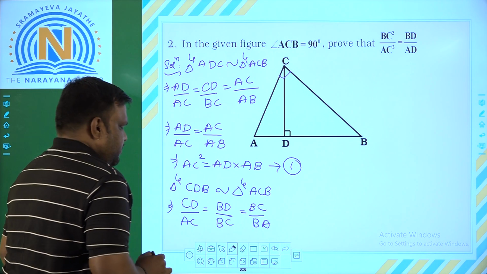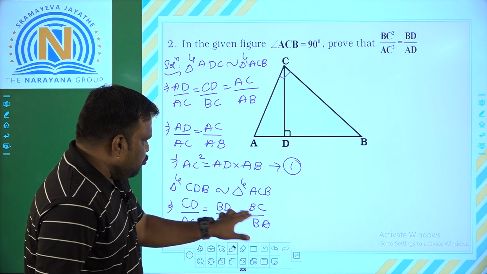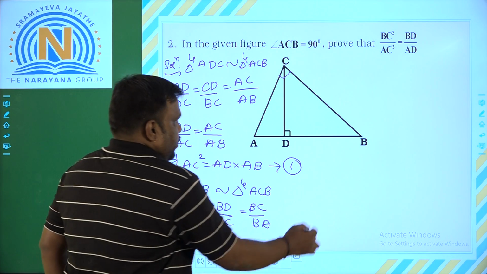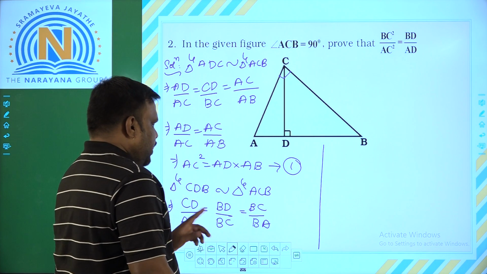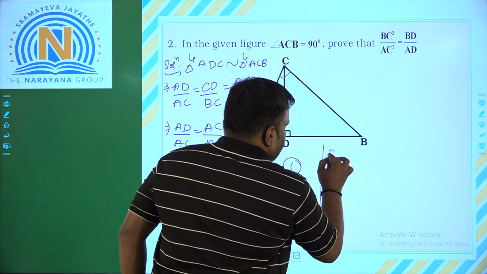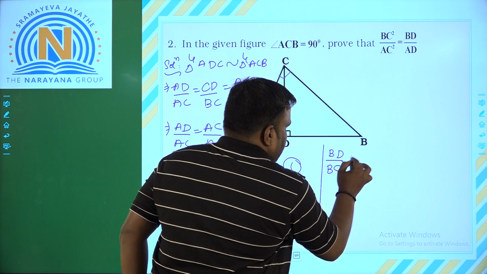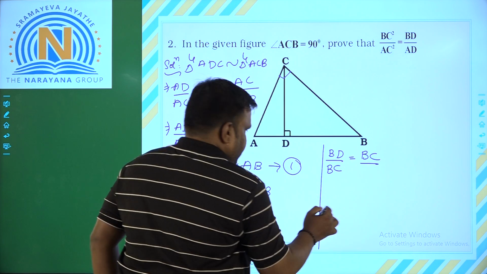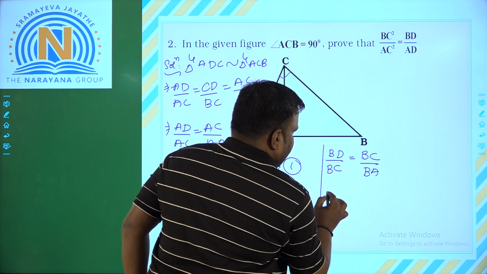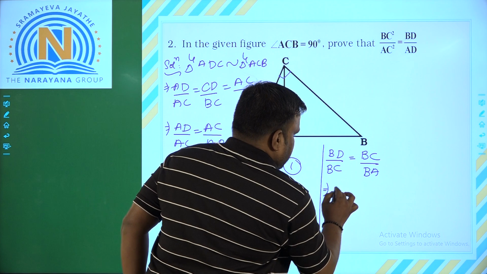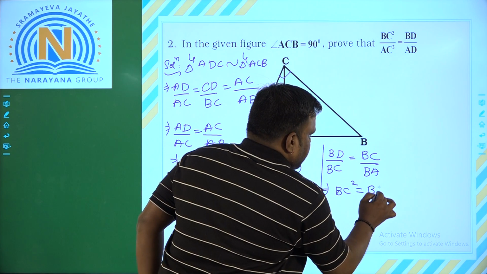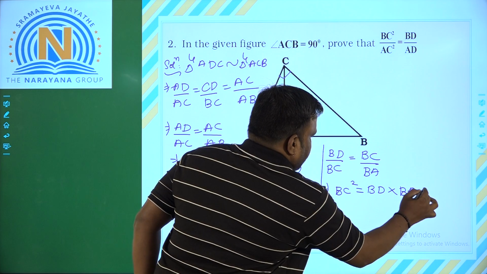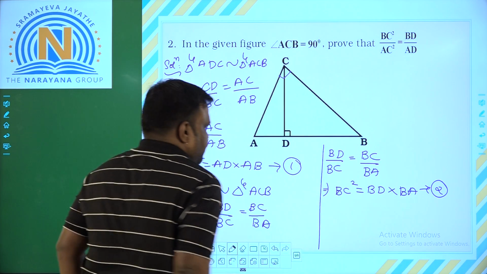Anyway you can take it in this process. Now again consider the last two ratios. So we are left with BD by BC is equal to BC by BA. Okay, on cross multiplication, I will be left with BC square is equal to BD into BA. Name this as second equation.